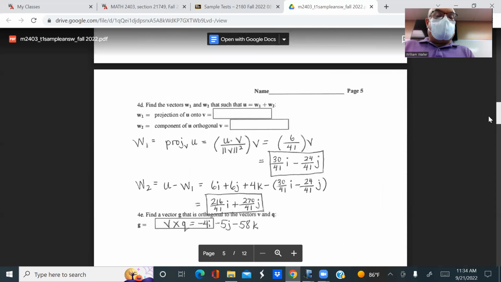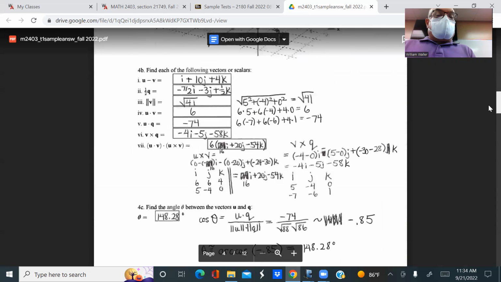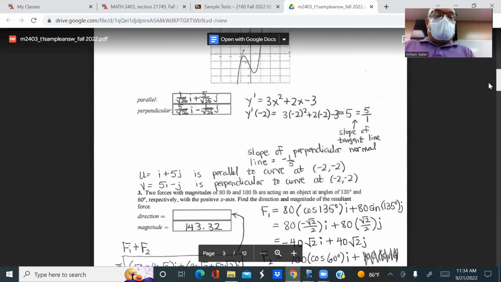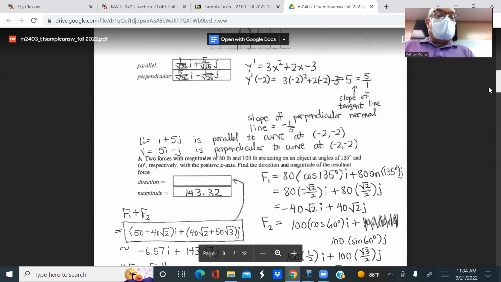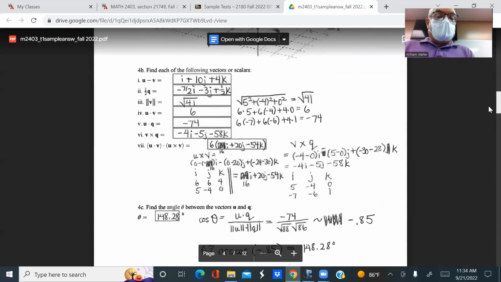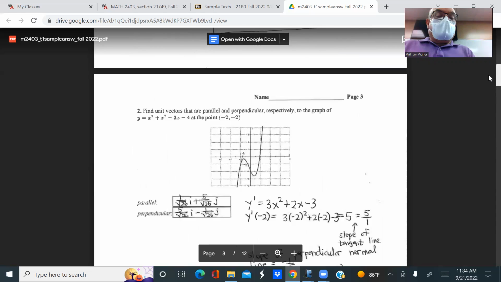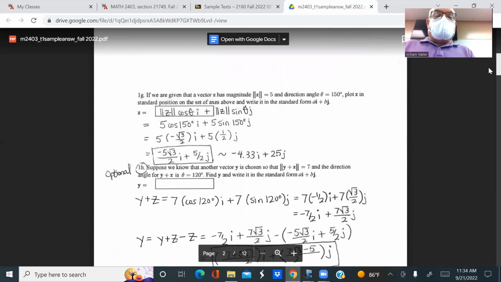And then let's see, there's another one that's just a really straightforward. Well, I don't know if it's straightforward. It's a 2-dimensional vector question. Where is it? Oh yeah, it's right there at the beginning.